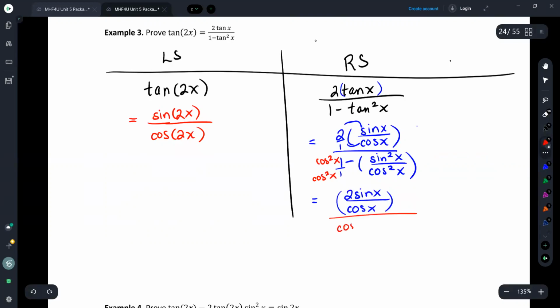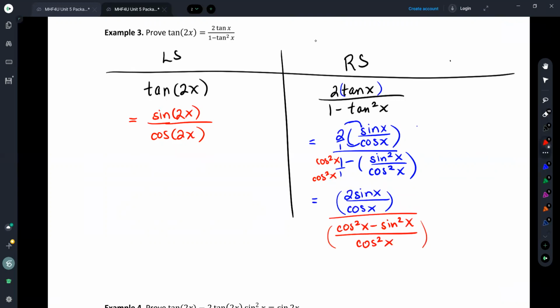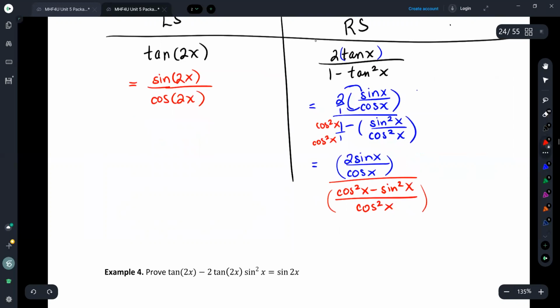So I'll have cos squared minus sine squared all over the common denominator, which is cos squared. All right, so we have a fraction over another fraction. We are going to take the second fraction and flip and multiply.